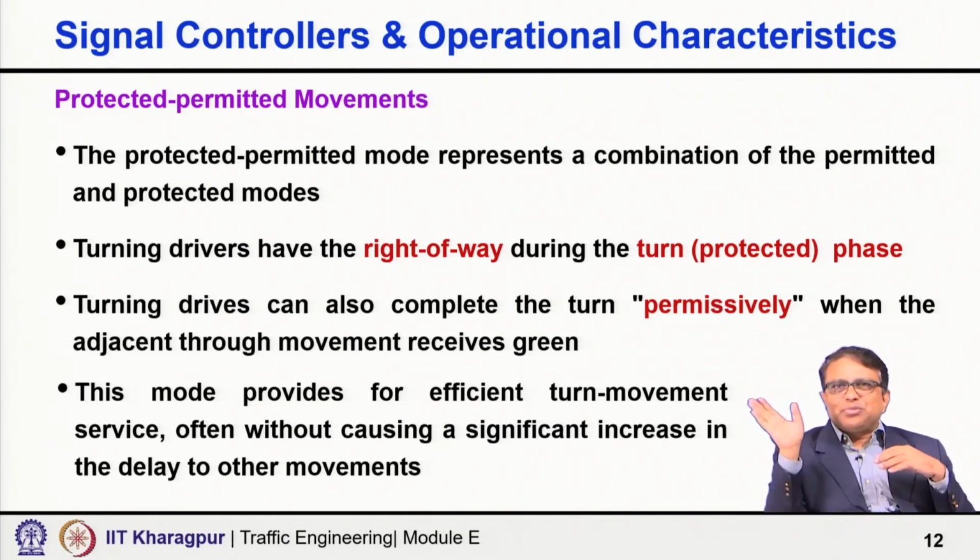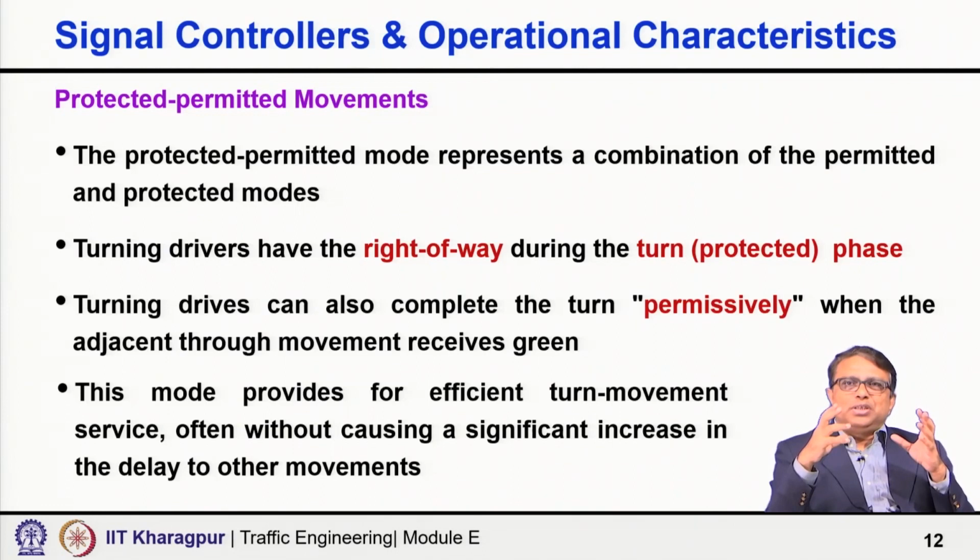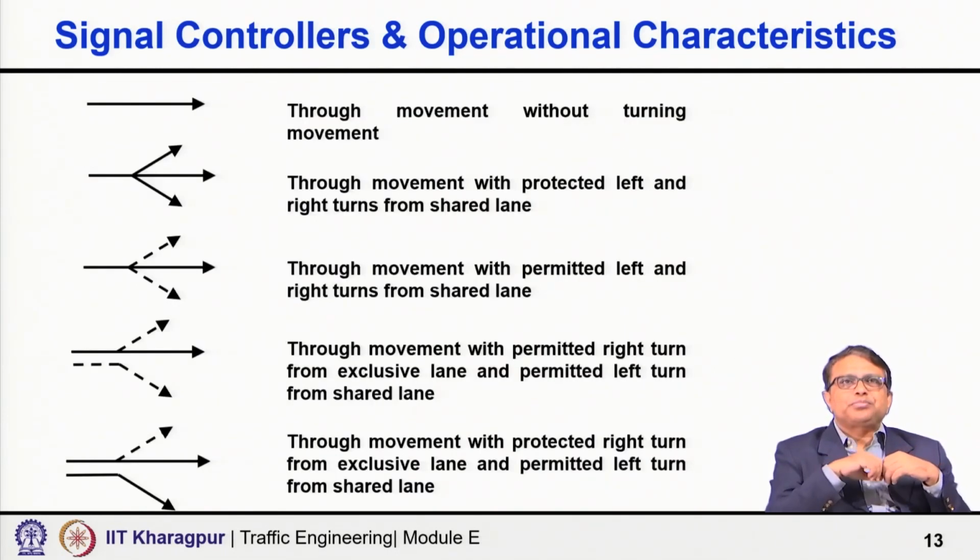So, some vehicles may take a permitted turn, and some vehicles at other times may take the protected phase and complete the turn. This mode provides efficient turn movement service, often without a significant increase in delay to other movements, but one has to see that safety is not compromised, and only certain traffic combinations and scenarios may accept this.